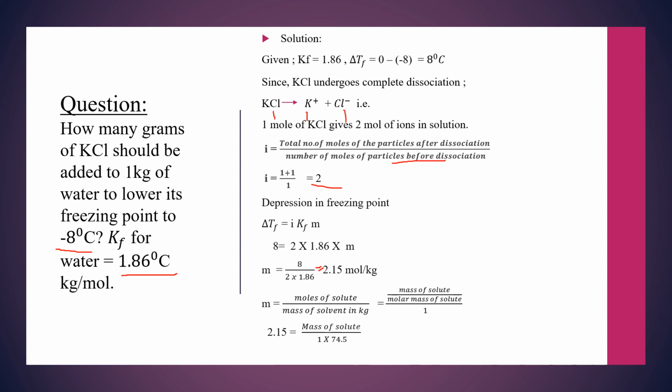On putting the values of molality and the molar mass of solute, which is 74.5, or we can say formula mass, because KCl is an ionic compound, and on rearranging the equation, the mass of solute comes to be 160.2 gram per kg, because it is taken per kilogram of water.